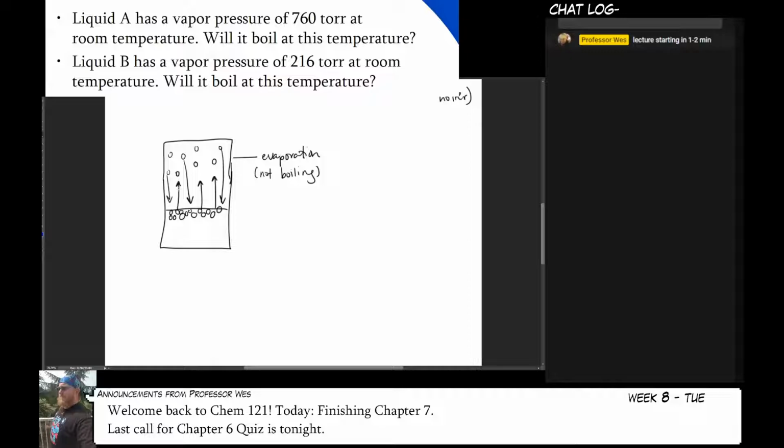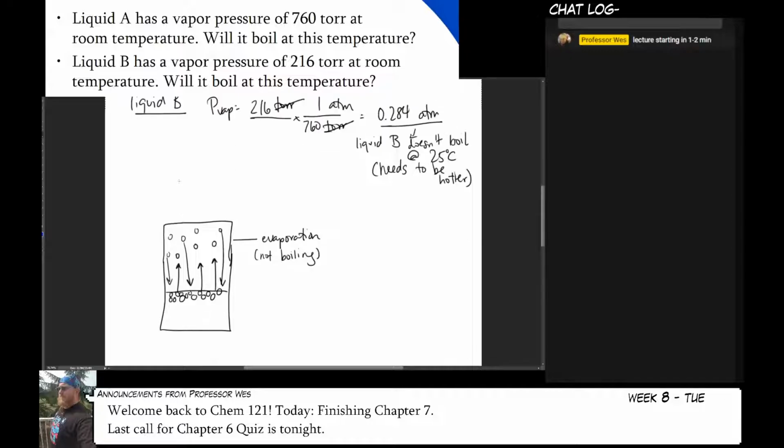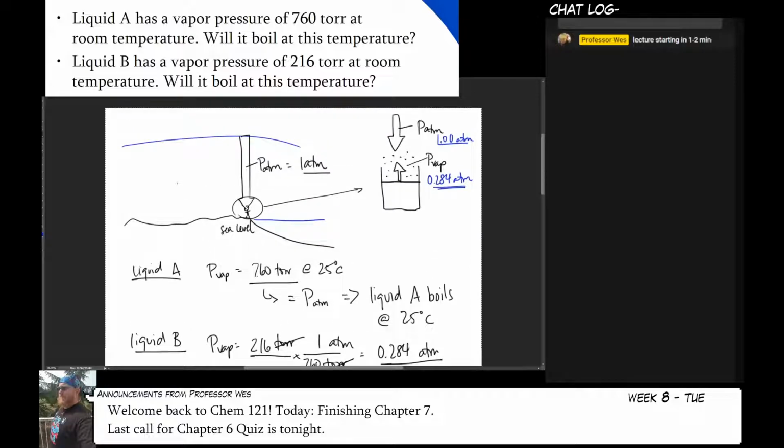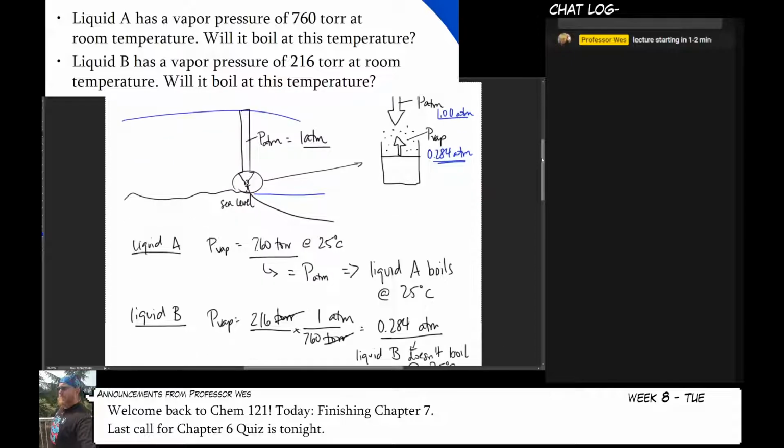The vast majority of your substance will stay as liquid water until you have the vapor pressure equal the atmospheric pressure. So up here, for example, when these two forces are equal to each other, then the liquid vigorously boils.